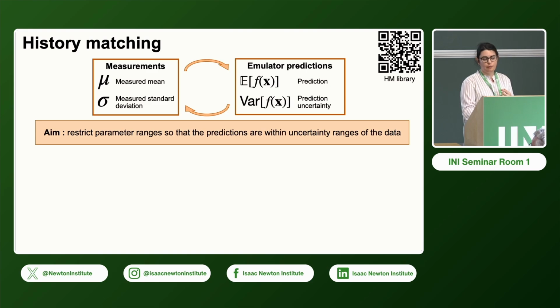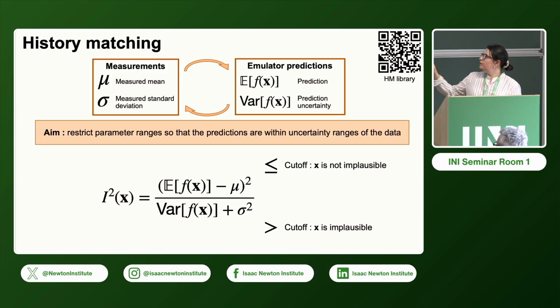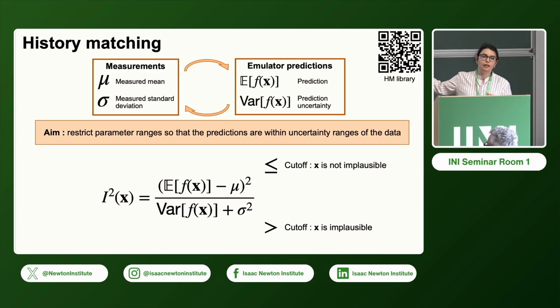And for every sample in the parameter space, we compute an implausibility measure I, which has at the top the difference between the prediction and the target, which obviously we want to be small, but at the bottom we also have the uncertainty of the emulators and the uncertainty associated with the data. And then we can define a cutoff on the implausibility measure and divide the samples between not implausible and implausible.